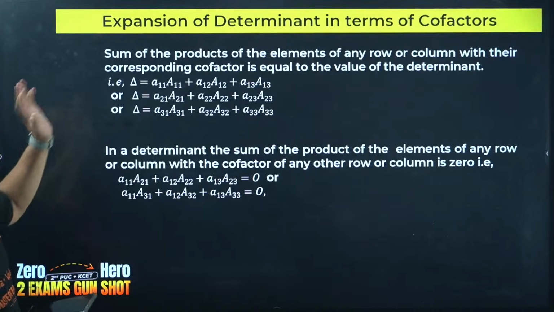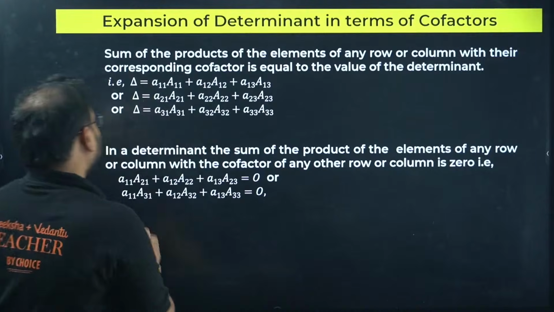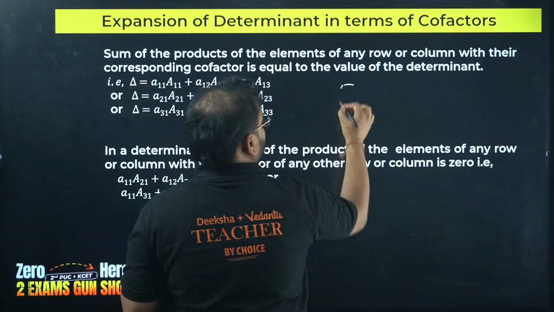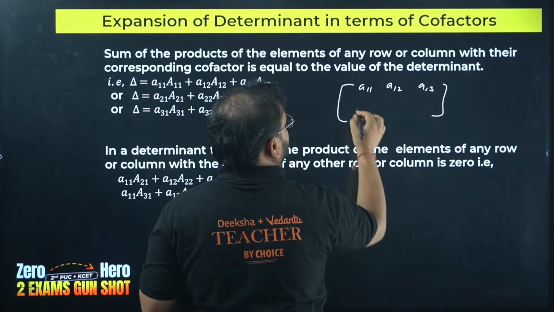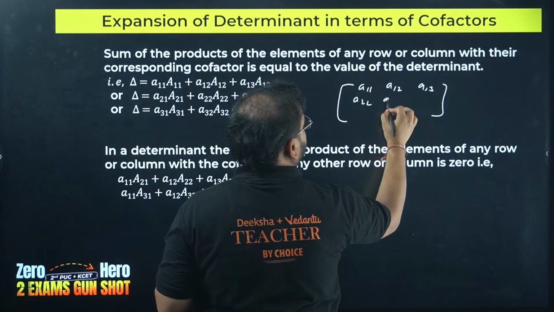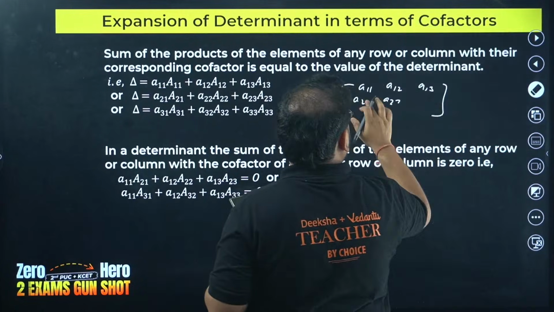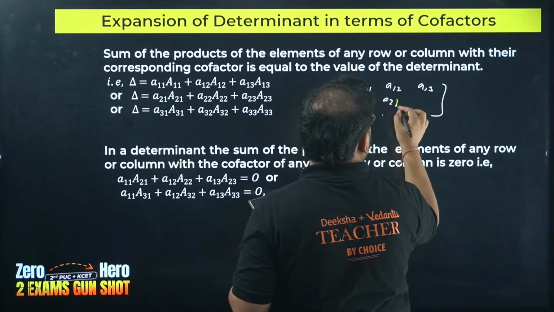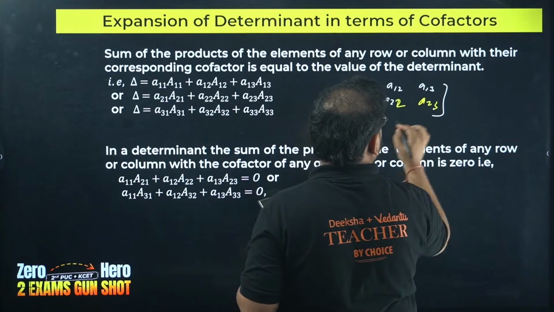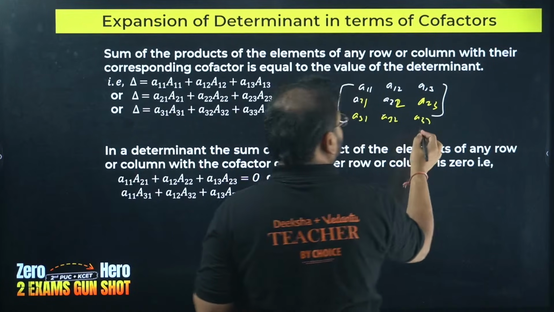The expansion, this is what I was talking about. We have A11, A12, A13, A21, A22 and A23, A31, A32 and A33.